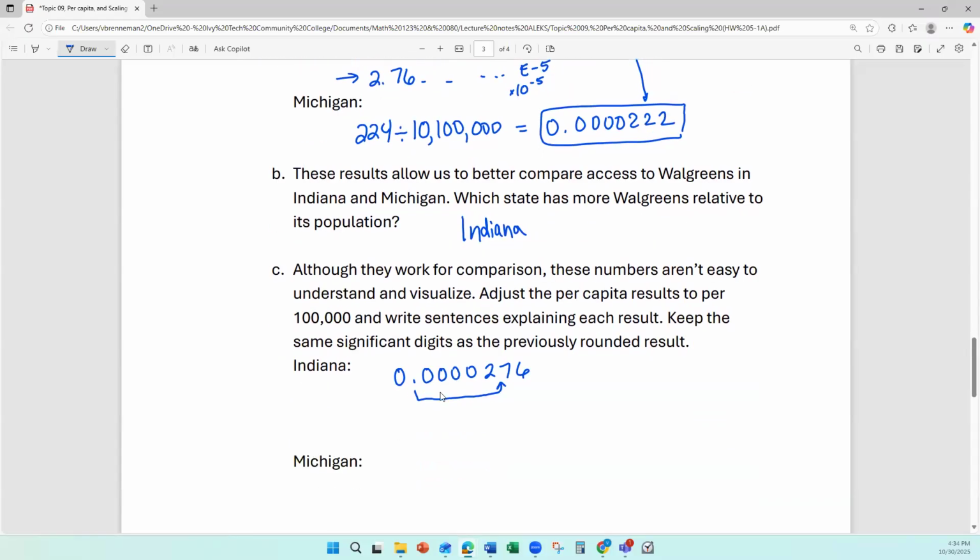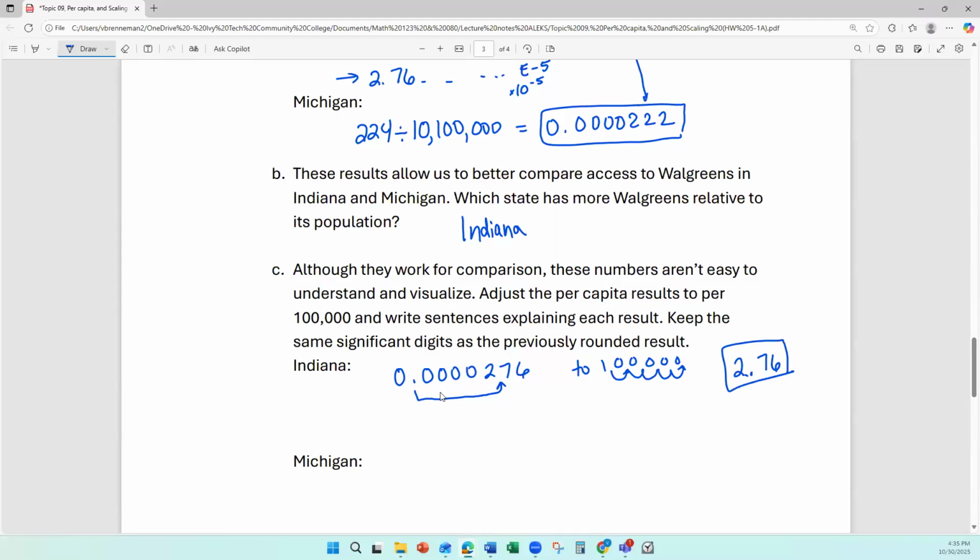Each place is 1, 10, and moving 5 places is 100,000. So 100,000 people are combining all of their little tiny pieces of a Walgreens together, and they get 2.76, or somewhere between 2 and 3 Walgreens locations for those 100,000 people.